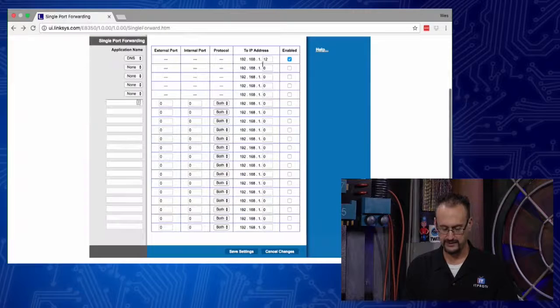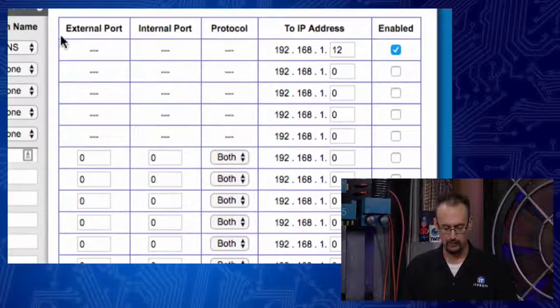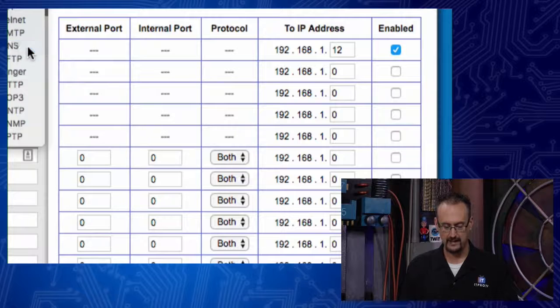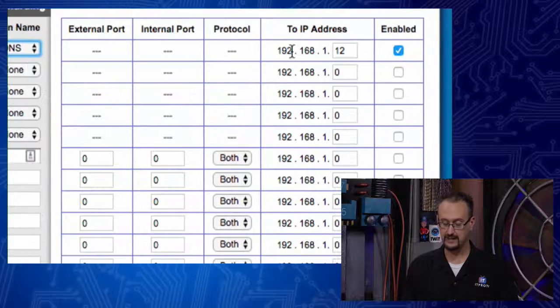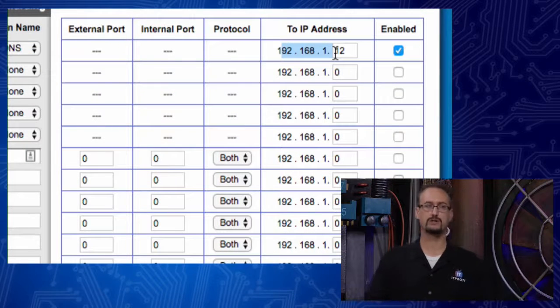Now it's telling me that anytime I see DNS traffic bound for port 53, it is going to inspect that information and send it to this one computer.